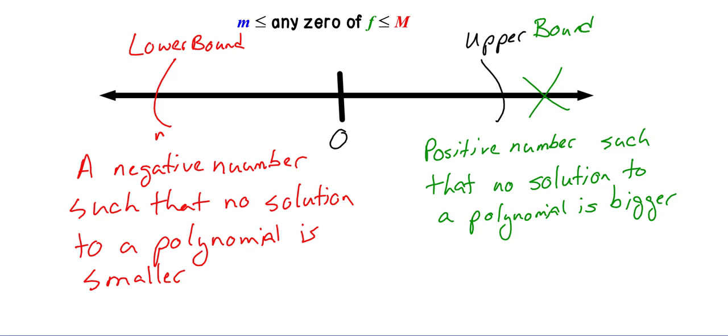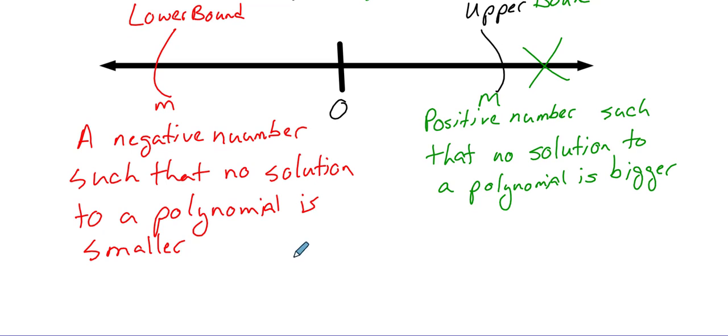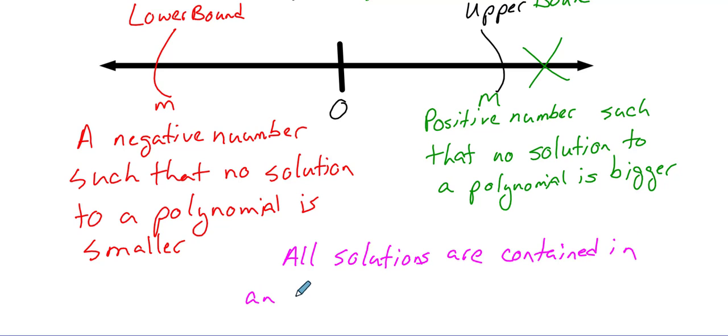So this lower bound would be your little m, and the upper bound is your uppercase M. Altogether, what this is saying is that all solutions are contained in an interval between the upper and lower bound.